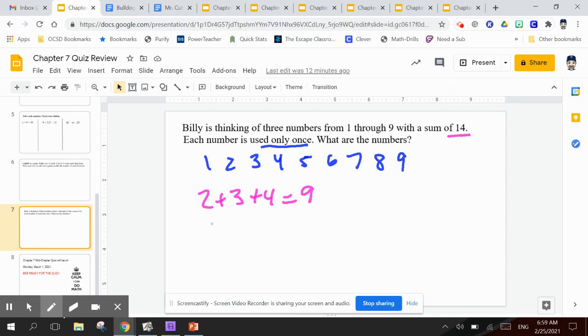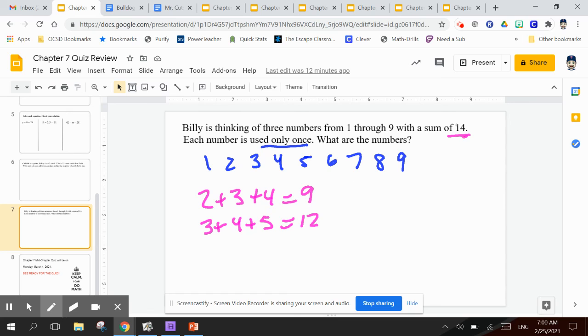Let's try some more. Let's try 3 plus 4 plus 5. 3 plus 4 is 7. 7 plus 5 is 12. Does 12 equal 14?